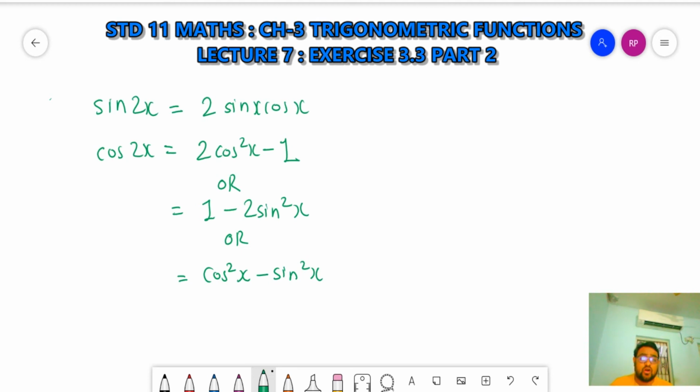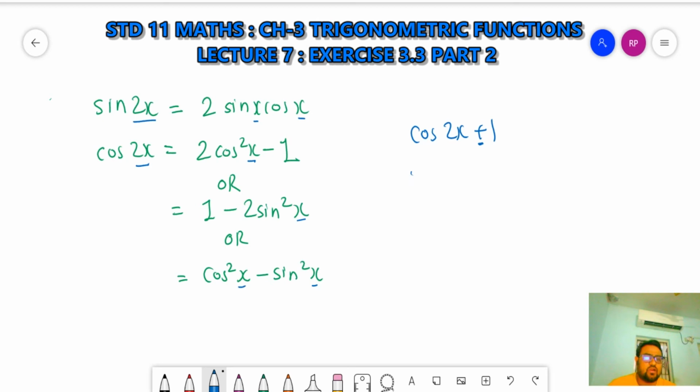Now see what we are doing here: we are reducing the angle to half. Here it is 2x, here it's x and x. Now see, when to use cos 2x equal to 2 cos square x minus 1, or when to use 1 minus 2 sine square x. If the expression is like cos 2x plus 1, here it is plus 1, so what we require is minus 1.